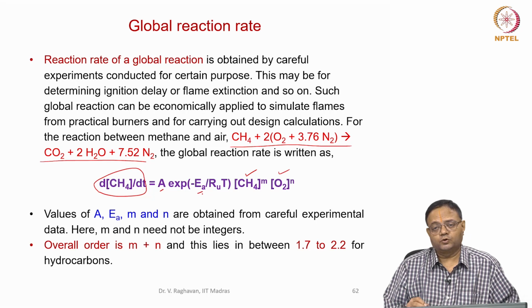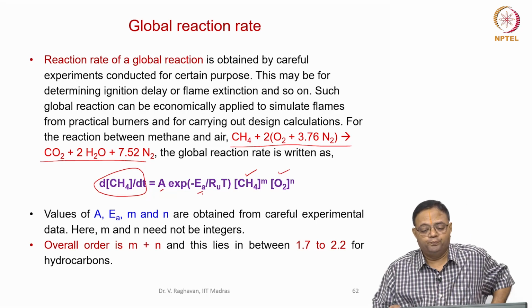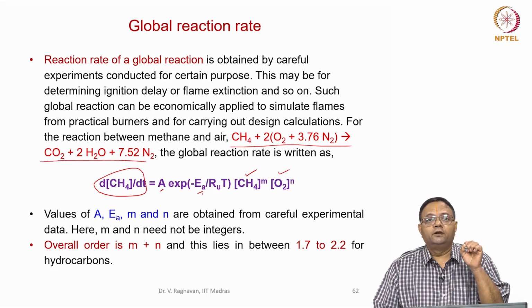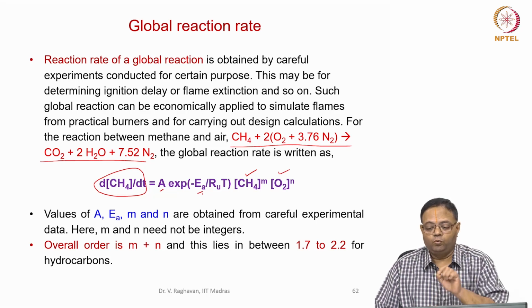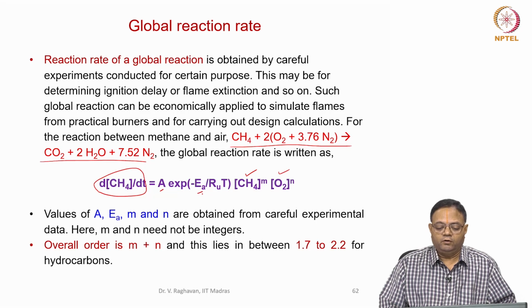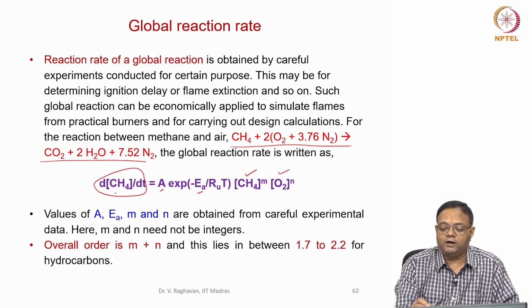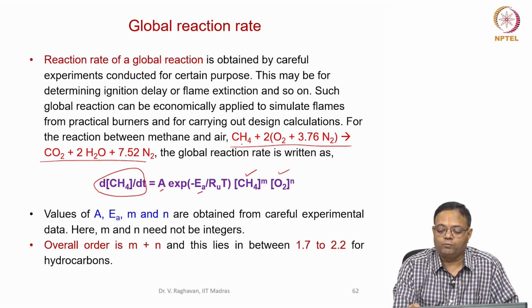So if I do this, I get the global reaction rate of this one-step reaction, where the rate at which methane is consumed will be, for example, 1 mole of CH4 consumed when 2 kilomoles of O2 is consumed, that you have to understand.